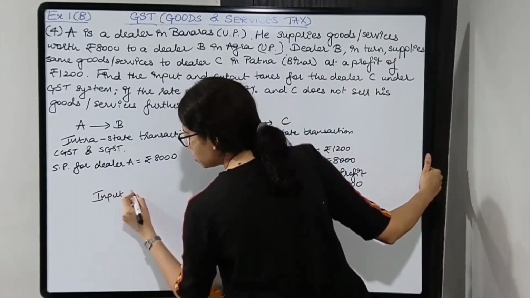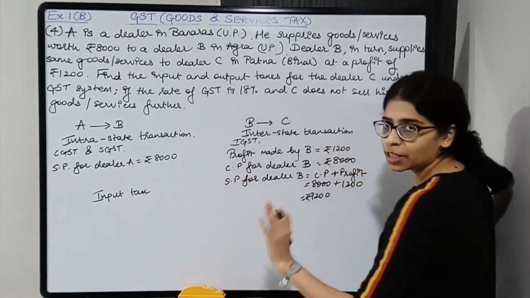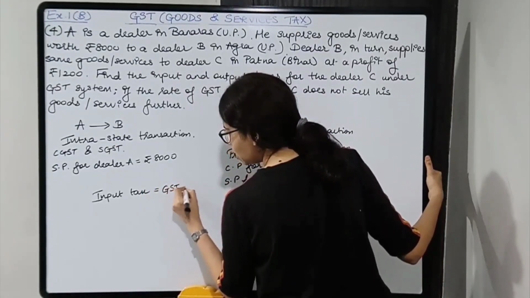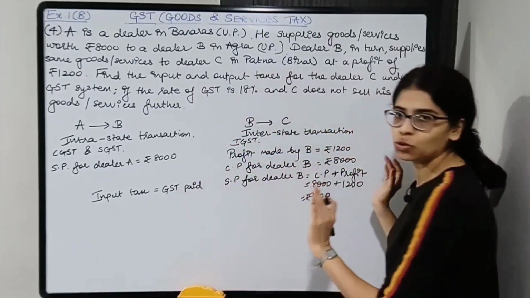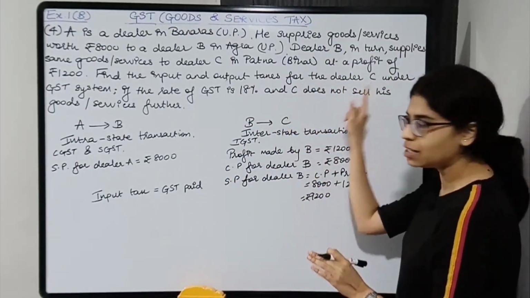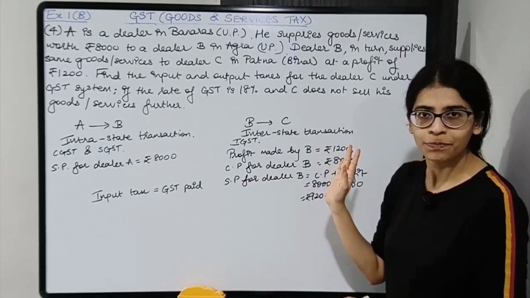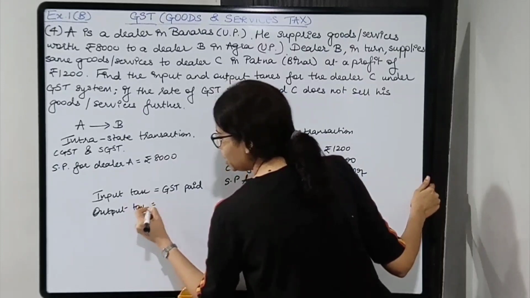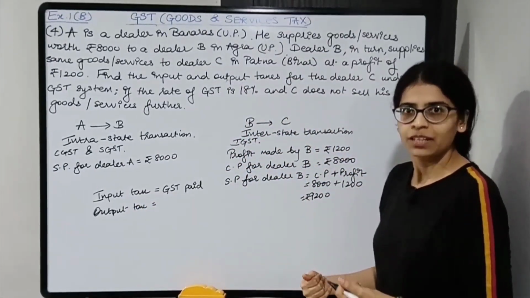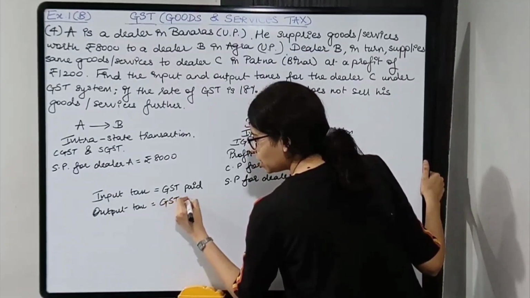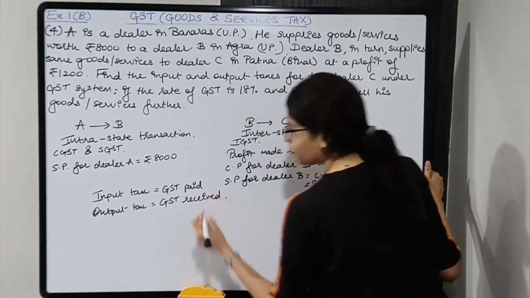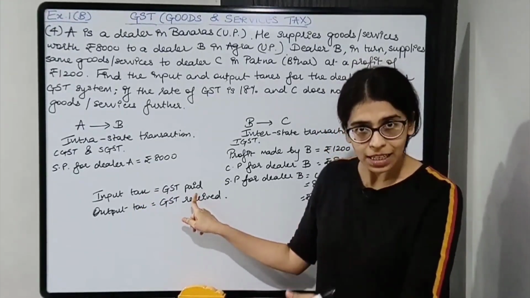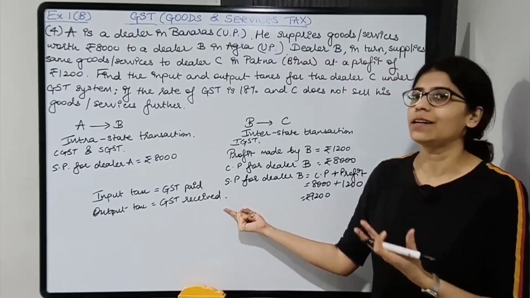Okay, so I'll repeat, input tax, that is GST का बात हो रहा है यहाँ पे. Input tax will be the GST paid by that person. Here we are talking about dealer C, so it will be the GST paid by dealer C. And output tax will be the GST received by dealer C. So you have to find these two things, कितना GST dealer C ने पे किया है and कितना GST dealer C को मिलेगा.